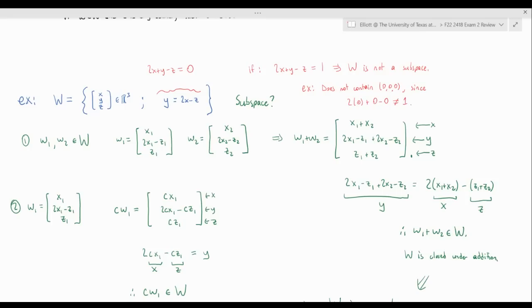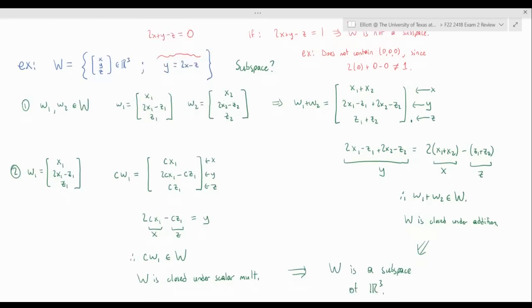But yeah, you can also show that it's not closed under addition, and you could also show that it's not closed under scalar multiplication. You can do either of those, okay? To show that it's not a subspace, you only need to disprove one of those conditions though, okay? You don't need to show that all of them are false. Just showing one of them is false is good enough. Okay, all right.